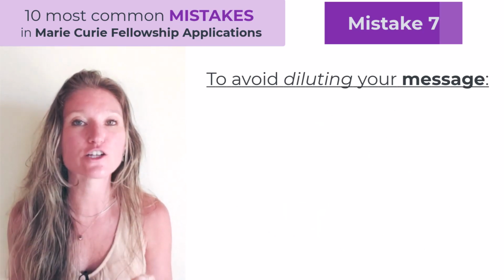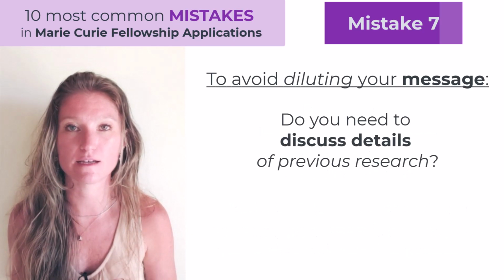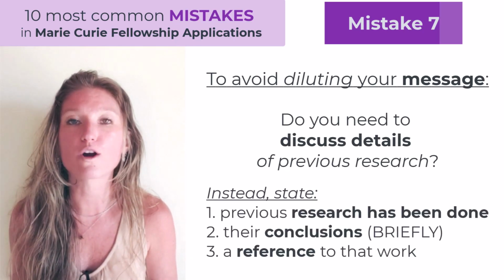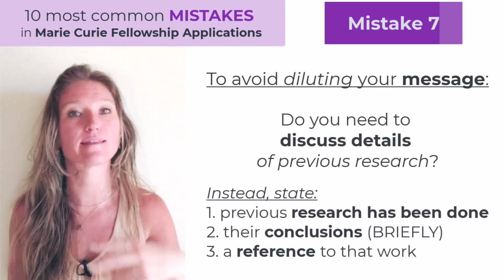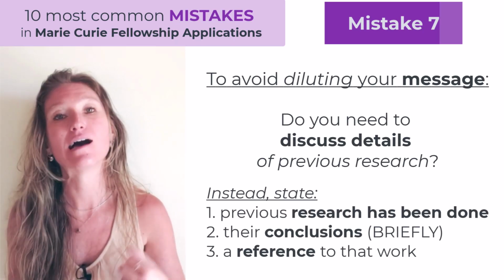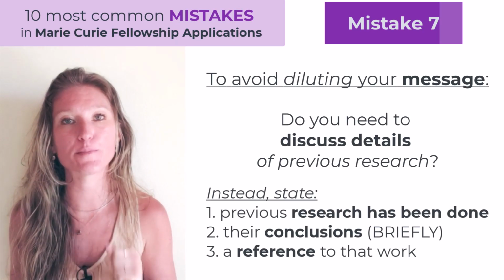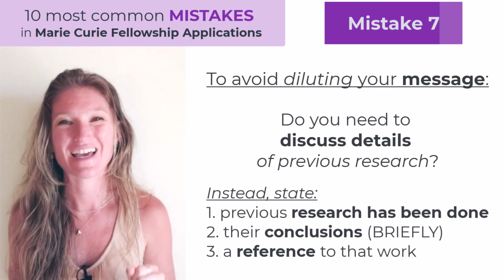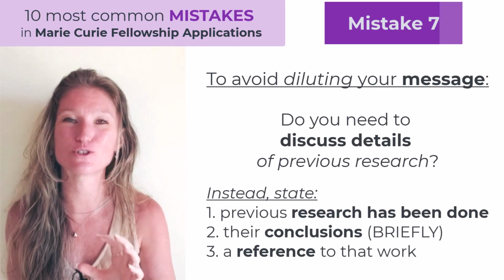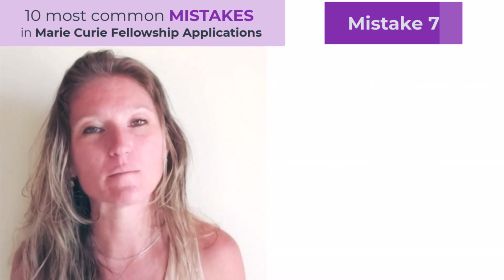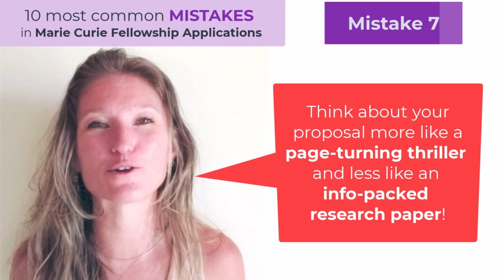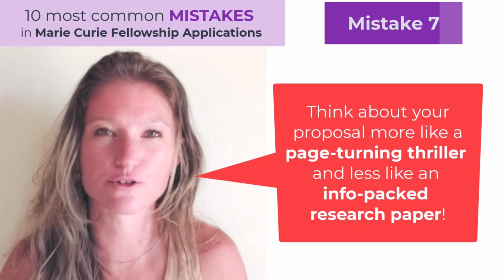Do you actually need to discuss those details of previous research? Or is it just enough for you to state that previous research has been done, cite their conclusions, and then put a reference to that work? It's very often the latter. Here you want to think about your proposal like a page-turner thriller.